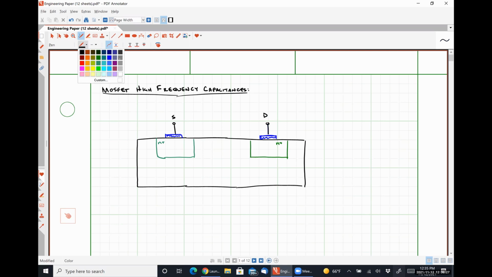We have an insulating layer here. We have our polysilicon gate. And I know very explicitly that this is not where the body terminal is going to be, but we are going to pretend that it's back here for now as a sort of back gate.